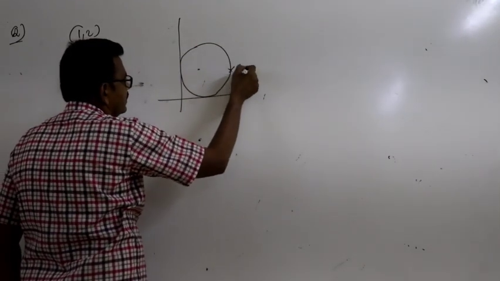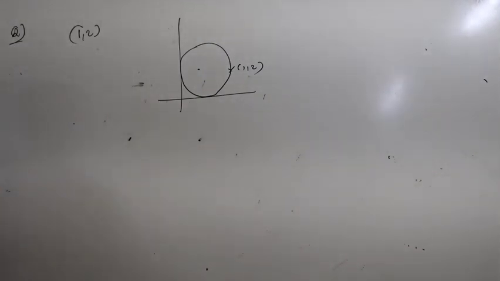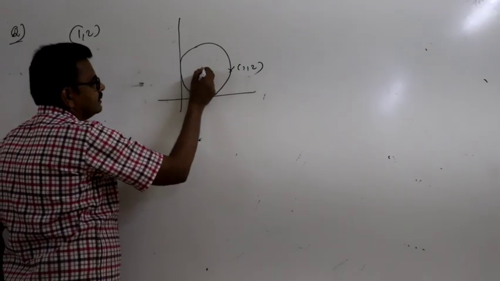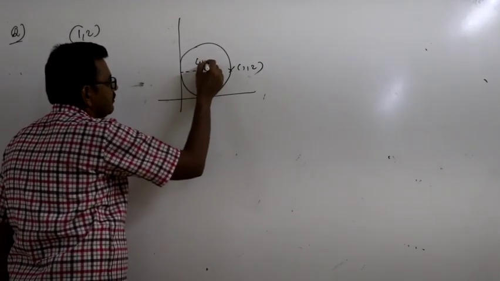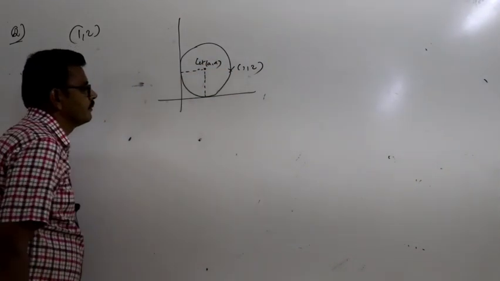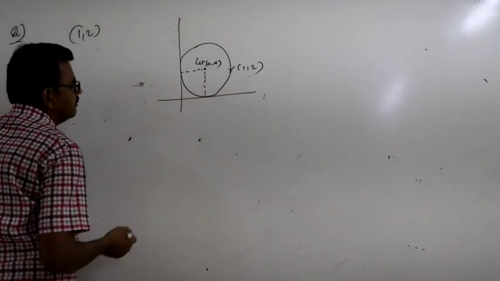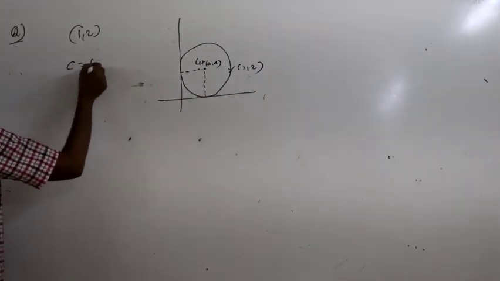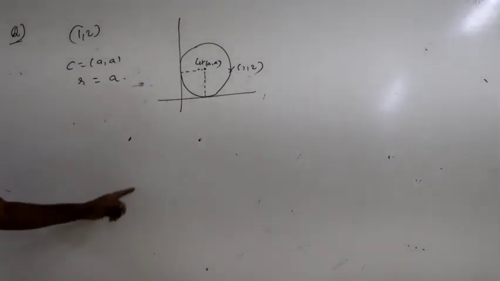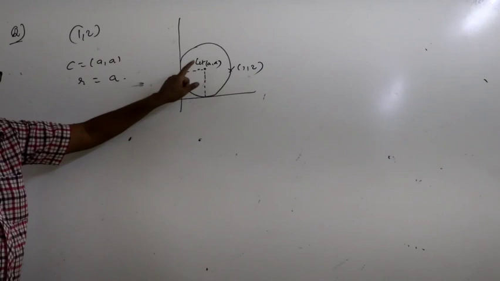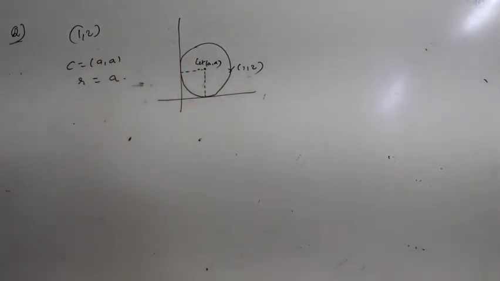The circle touches both the axes. Therefore, let the center of the circle be a, a. It passes through the point 1, 2. Radius is also a. If the circle touches both the axes, radius is equal to the x coordinate and also the y coordinate of the center.